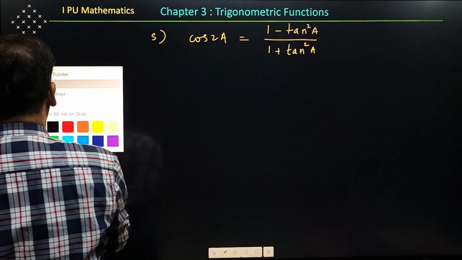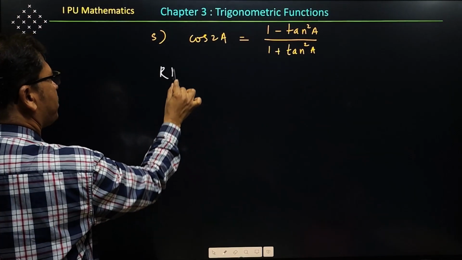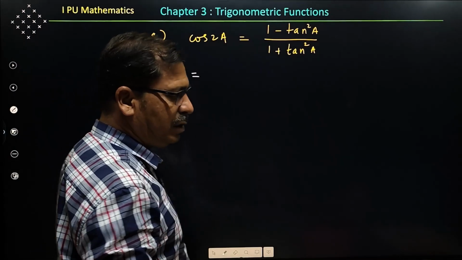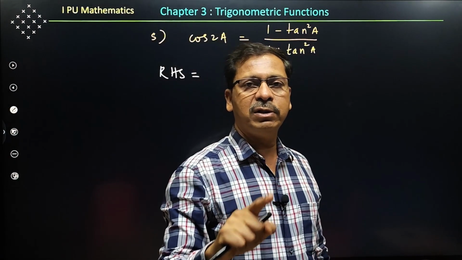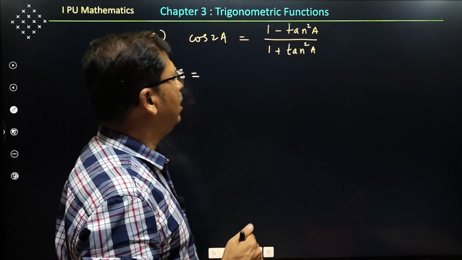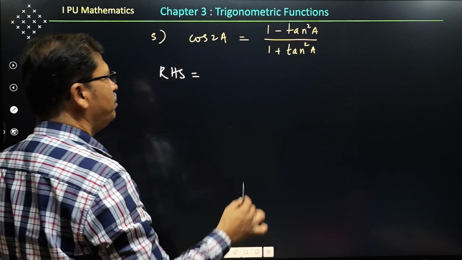Okay, let us prove it. Again you take the RHS part, 1 minus tan square a divided by 1 plus tan square a, and I would like to get the left hand side part. Very simple.